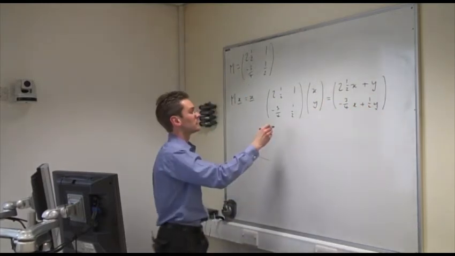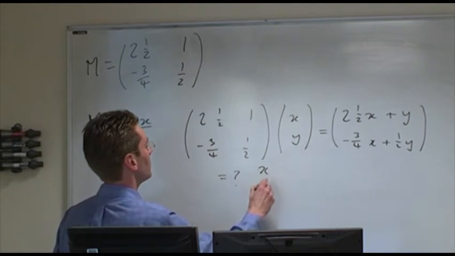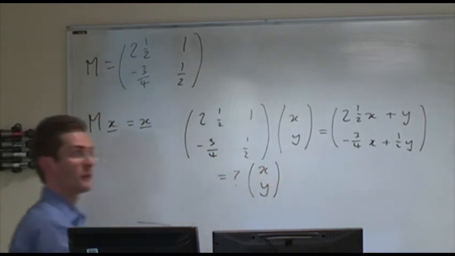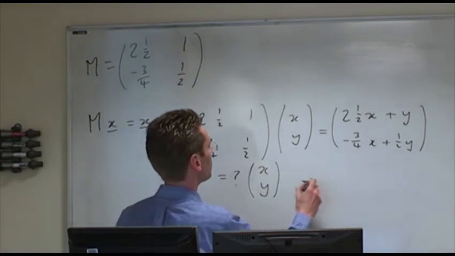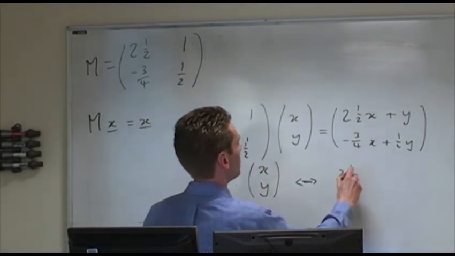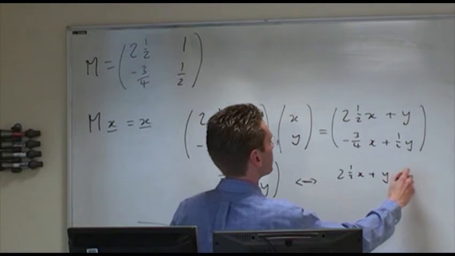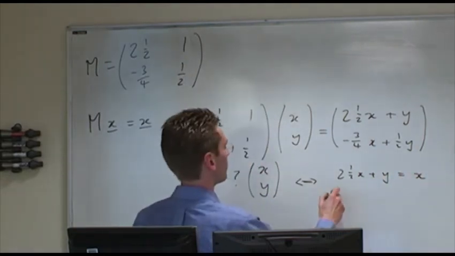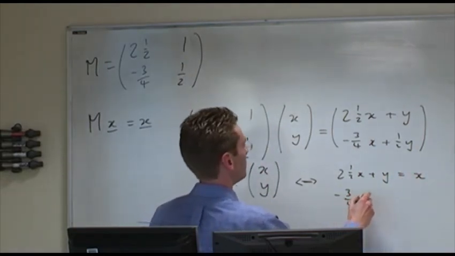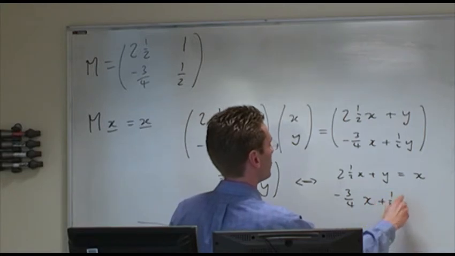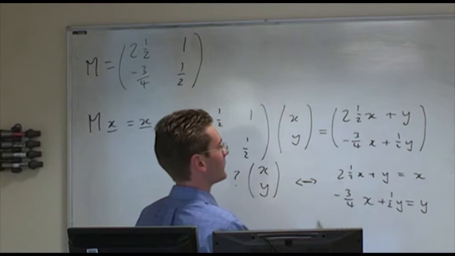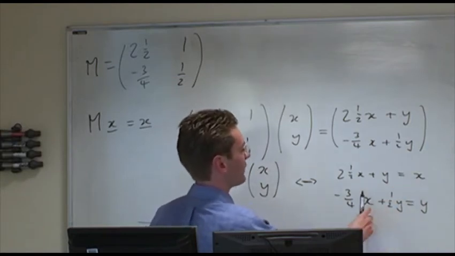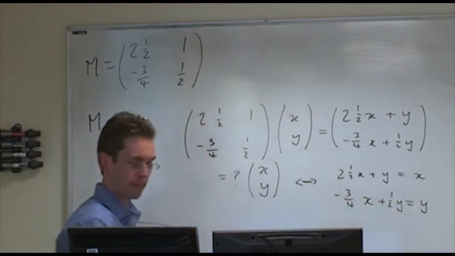And we're hoping that this is equal to exactly the same vector. So this gives me two simultaneous equations. 2.5x plus y equals x, minus 3/4 x plus 1/2 y equals y. I'm now going to subtract x over, so I get 0, and subtract y over, so I get 0.